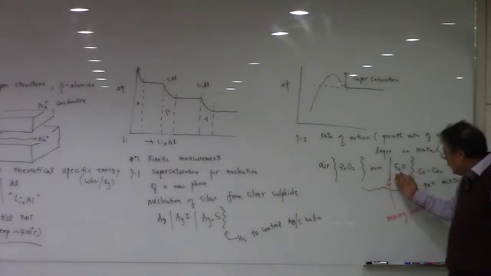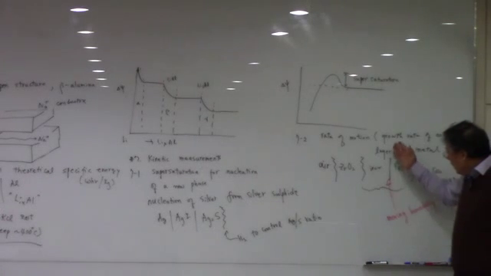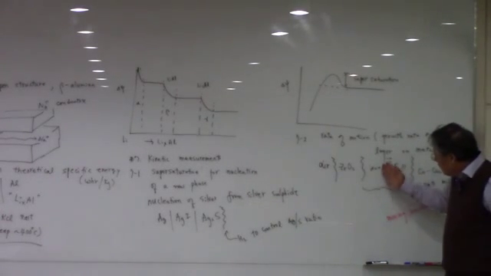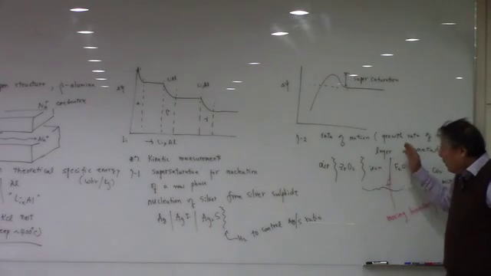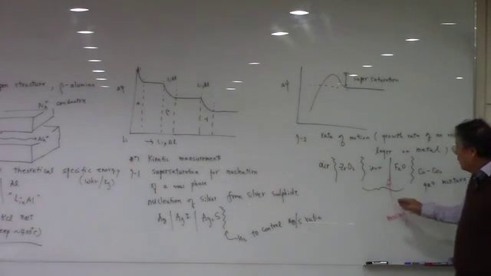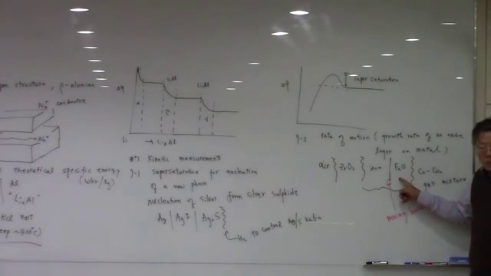And as the oxidation process proceeds, this moving boundary is going to move into this iron, and eventually all the iron is going to be transformed to FeO at the end.